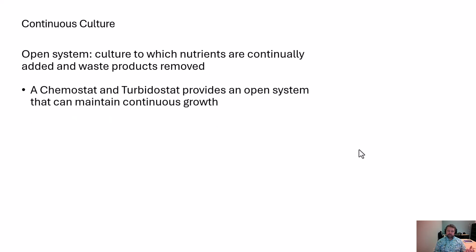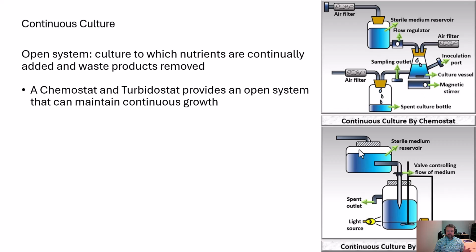Chemostats and turbidostats are open systems. For the most part, this is just for your knowledge on how these systems work. Often you'll have some kind of flow regulator that's telling you what the material's like, how many dead cells there are, and whatnot. When you start building up a bunch of dead material, it will often purge the system in some way.